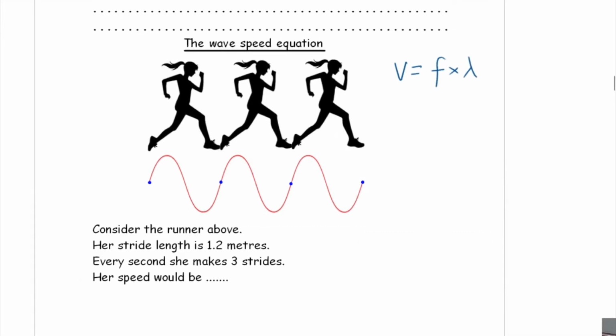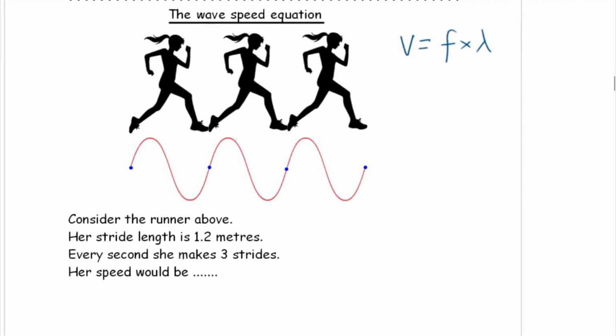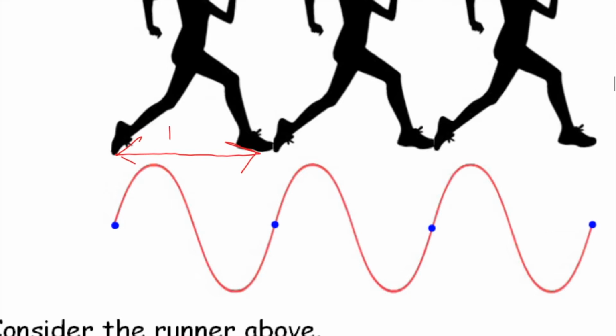So we have this athlete here, the runner, and her stride length is 1.2 meters. Stride length means from her back foot to her front foot there. We'll call that 1.2 meters.